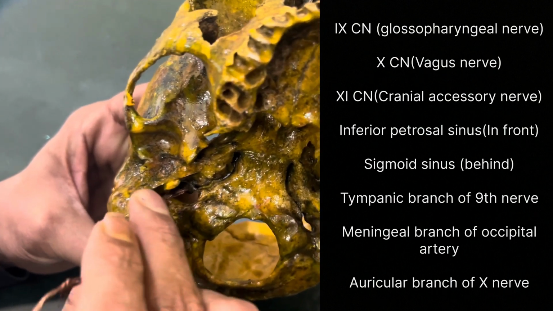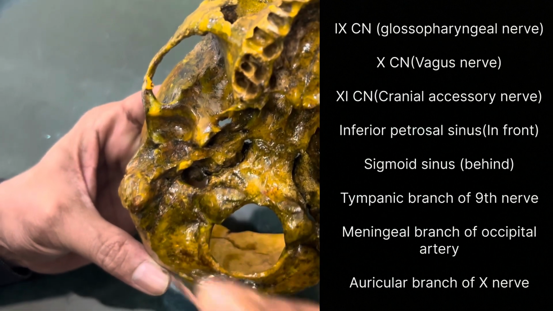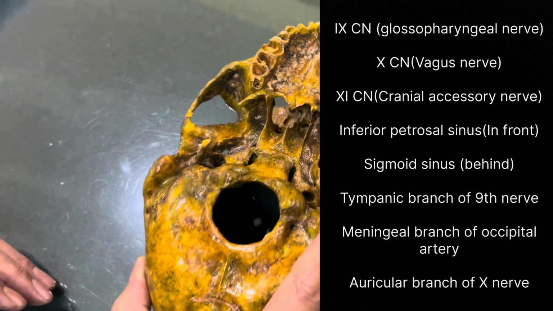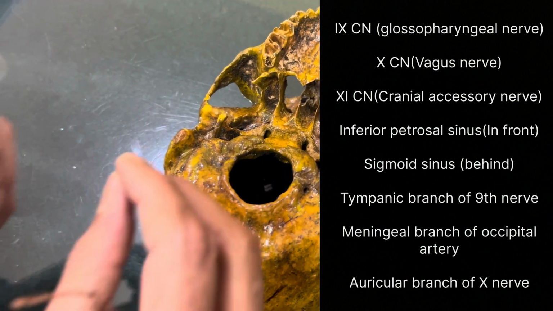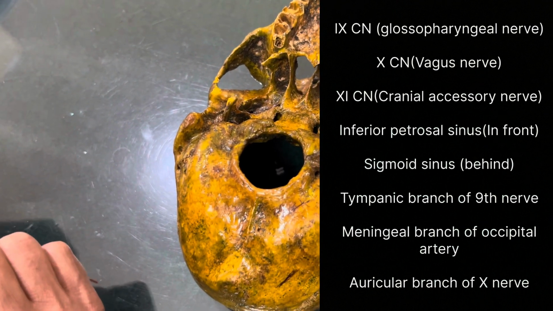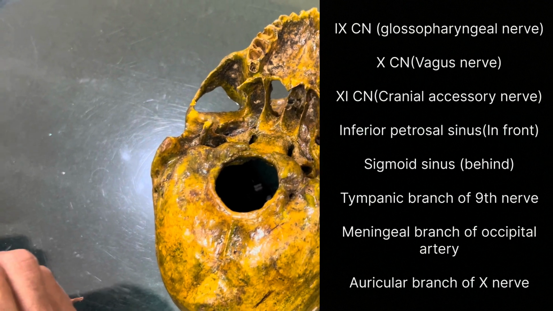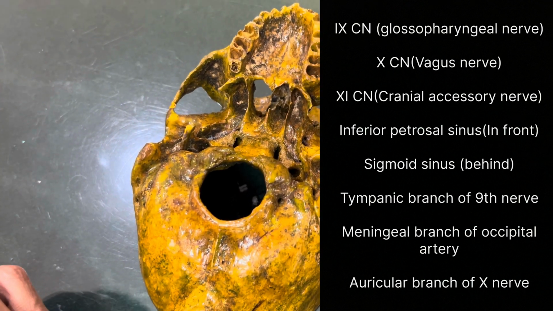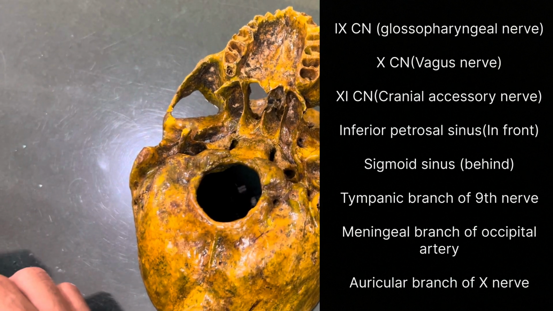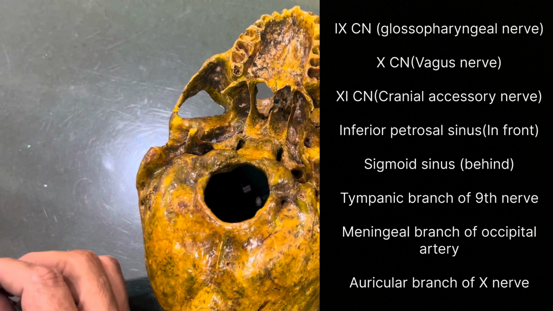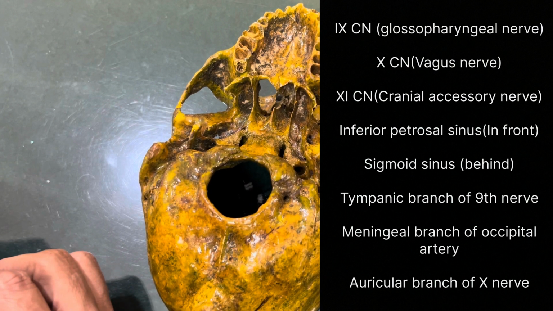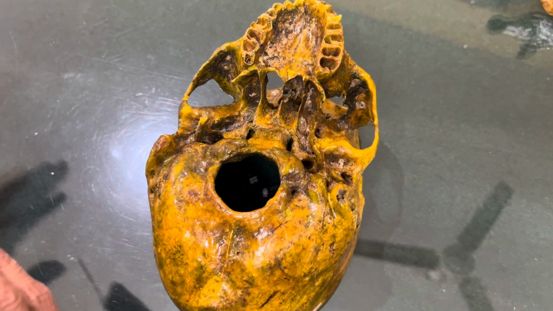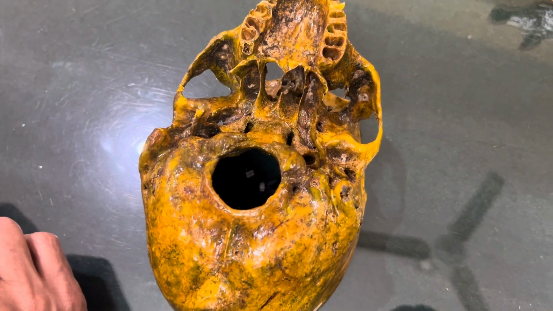In the posterior part, it is the sigmoid sinus, which passes through this jugular foramen. And not only this, it also transmits the tympanic branch of glossopharyngeal nerve, meningeal branch of occipital artery, and even the auricular branch of vagus nerve. But the first 5 are the important contents, and those are 9th, 10th, 11th cranial nerves, as well as inferior petrosal sinus and sigmoid sinus.